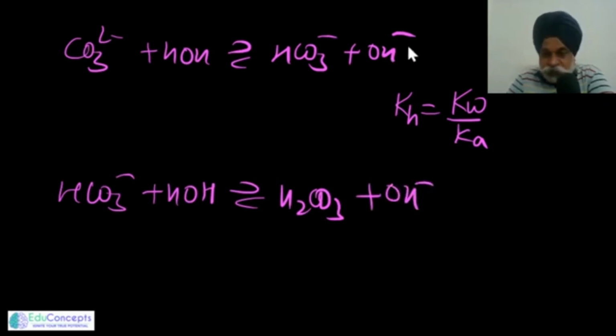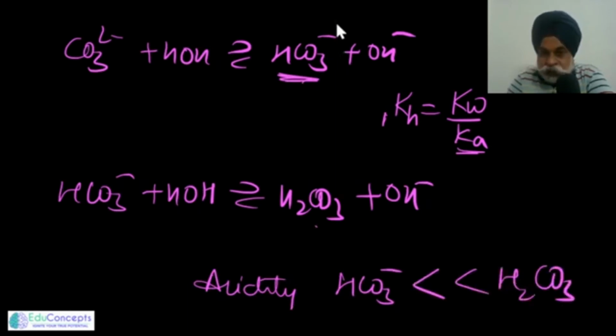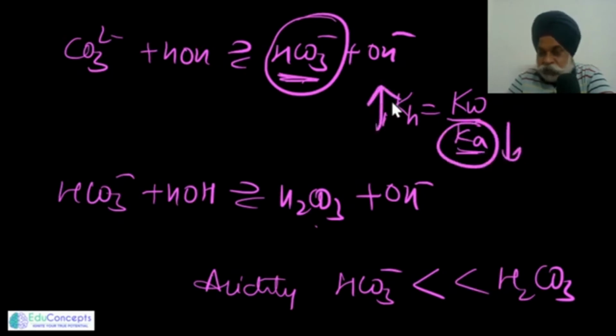Both of these solutions are basic, but the weaker the acid, the more is the Kh. So this acid is weaker than this. The acidity of bicarbonate ion is lesser than carbonic acid. So this acid is weaker, so Ka is less, so Kh is more. If Kh is more, that means more hydrolysis is happening, making the solution more basic.